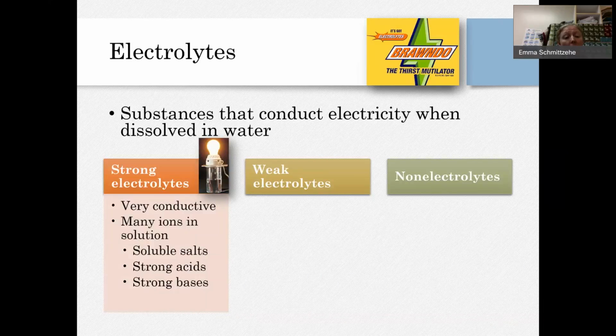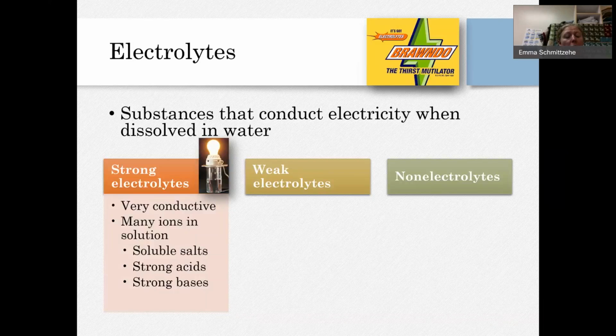So any salt or ionic compound, in other words, that is soluble, meaning it's something that dissolves completely, is going to create a lot of ions in solution. Thus, it will conduct electricity very well. Thus, it acts as a strong electrolyte.